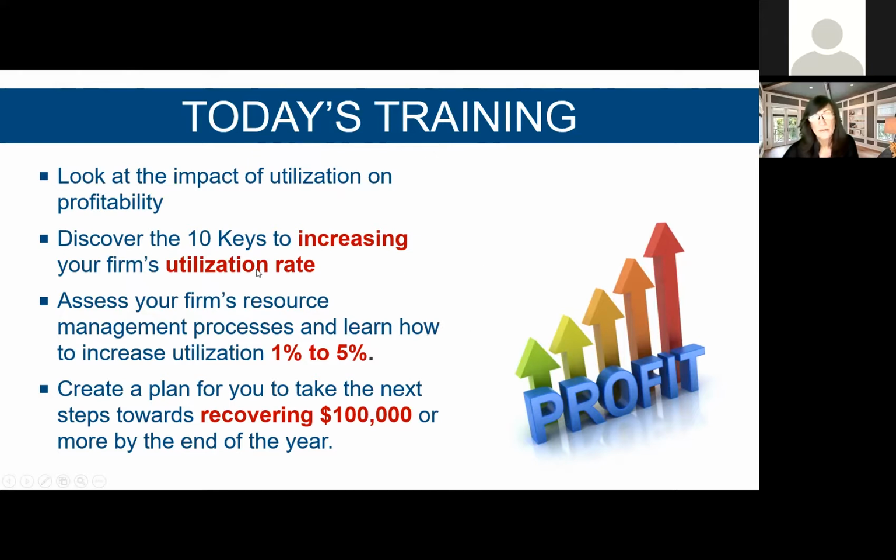I'm going to be going through 10 areas that you can start to look at to impact your utilization, and try to get into each one a little bit and talk about how and why you might be able to impact that. As Leanne mentioned, you're going to have a worksheet. Hopefully you've had a chance to print it out. If not, don't worry, have a piece of paper handy. The key to this is that you're going to be assessing your own company to look at what's going on there.